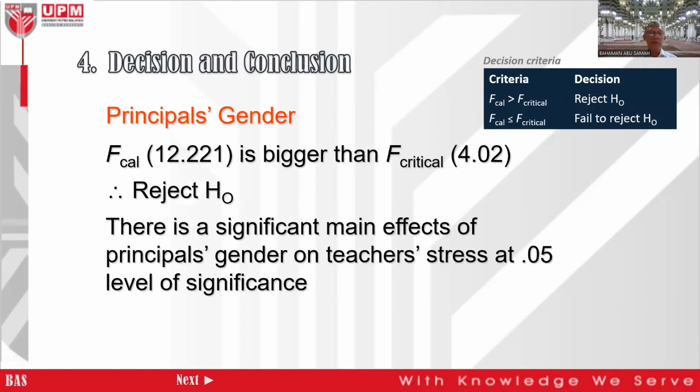That will be the first factor that we are testing, teachers' stress based on principal gender, whether they are working under a male or female principal. It seems that it makes a difference, because there is a significant difference in teachers' stress between those working under a male and a female principal. Okay, that will be the first effect.